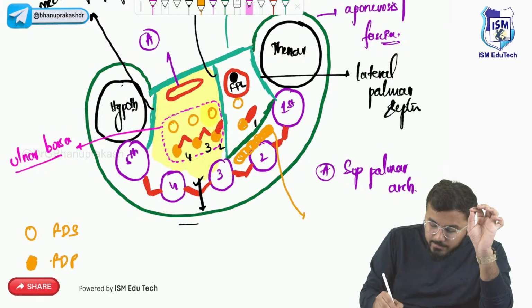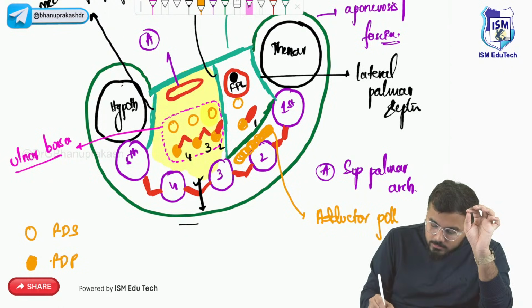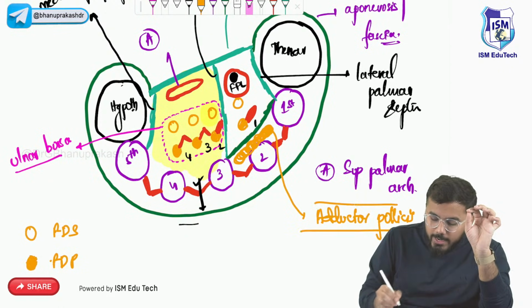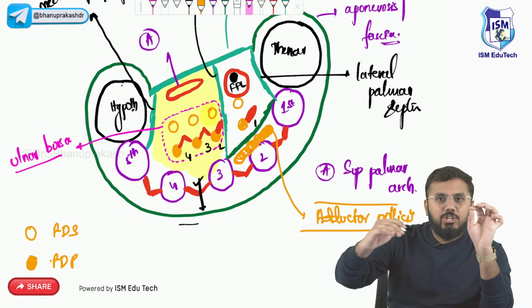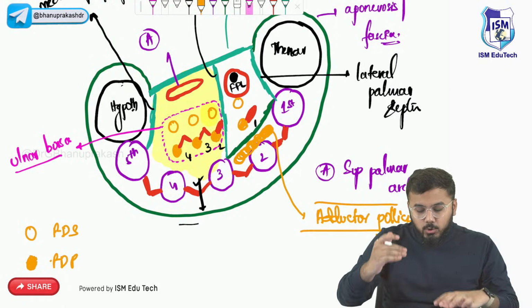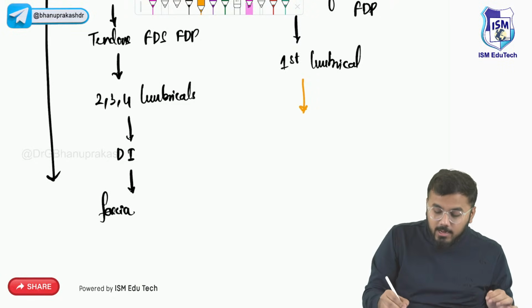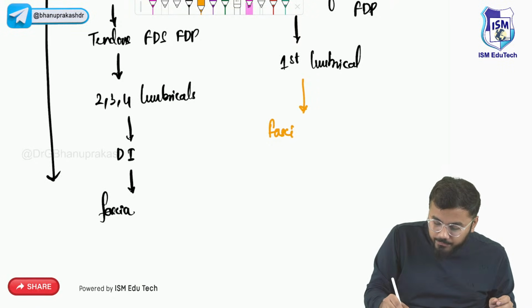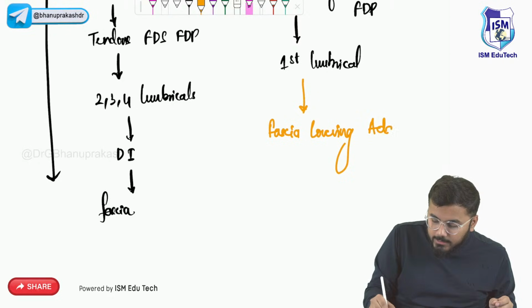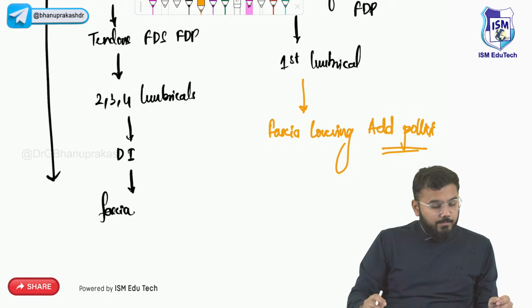And the name of this muscle is adductor pollicis. So adductor pollicis is covered by a fascia or a septum, right? So if I go a little bit deeper, what will I find? I will find fascia covering adductor pollicis muscle.